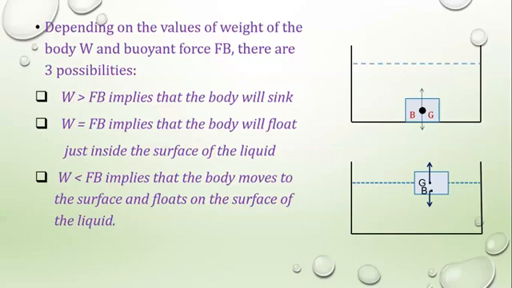So you can say that the weight of the submerged part of the body is equal to the buoyant force acting on the body, and the center of gravity of that submerged portion becomes the center of buoyancy for this body. And in this case, the center of gravity is at a higher place, and the center of buoyancy is below it.